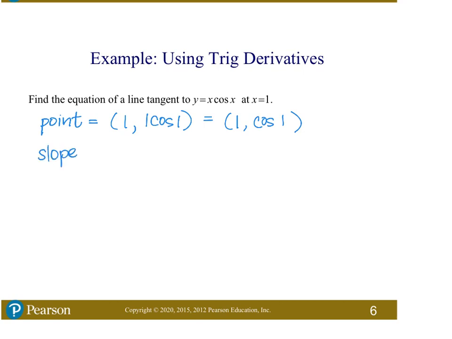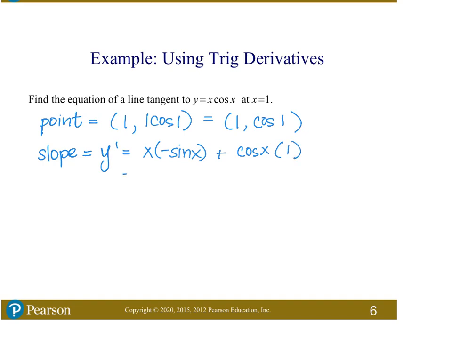The slope would be the derivative, using the product rule this time. So that would be A times B prime plus B times A prime.